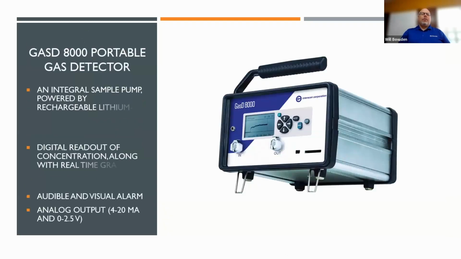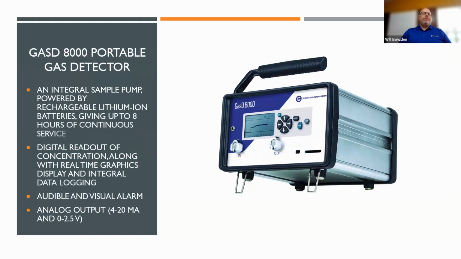So we'll start out with a little bit of a story about our Gas D8000 portable gas detector. As you can see here, this is our portable unit. It has an integral sample pump powered by rechargeable lithium-ion batteries, giving up to 8 hours of continuous service. As you can see on the screen, that's a digital readout of concentration, along with real-time graphics display and integral data logging.